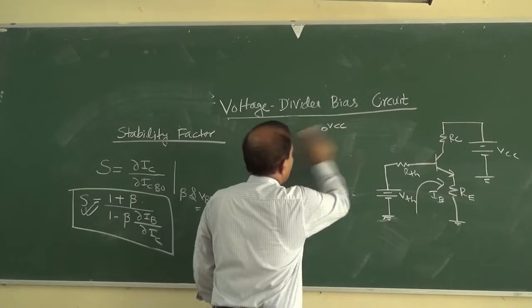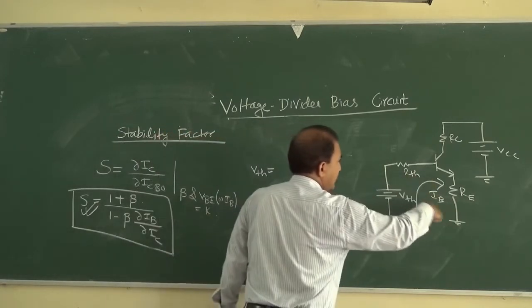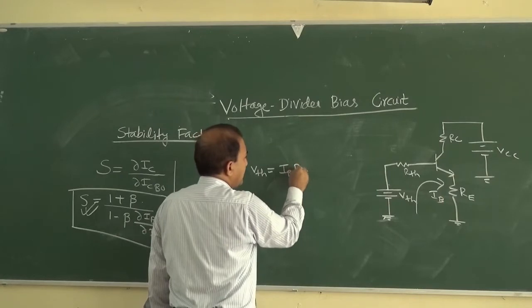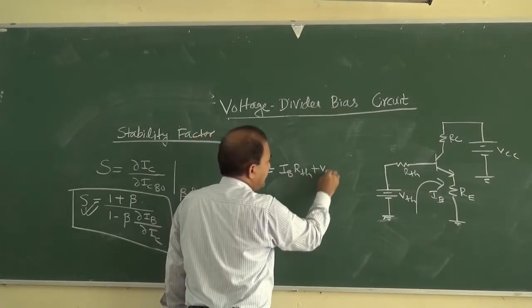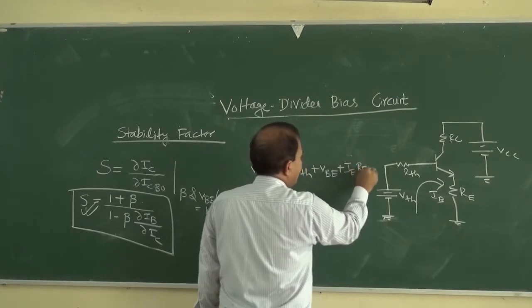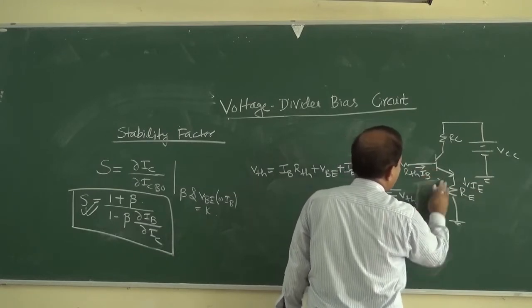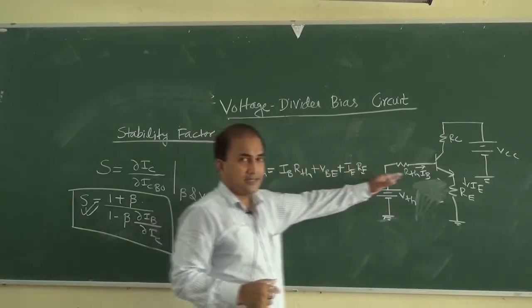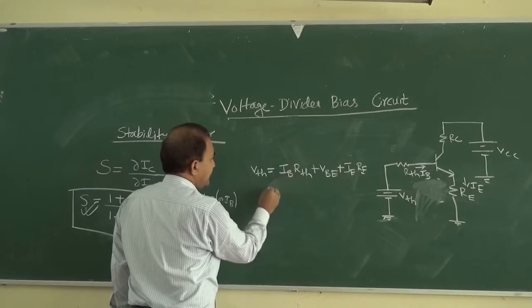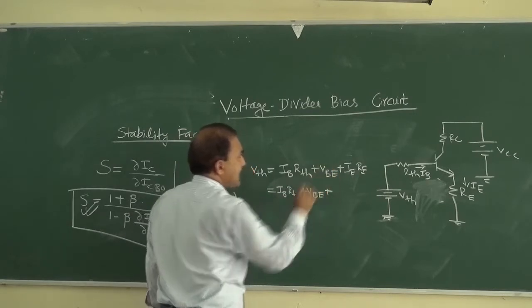Okay, so we can write VTH in this input loop, applying Kirchhoff's voltage law, equal to IB RTH plus VBE plus IE into RE. This current is IE and this is IB.